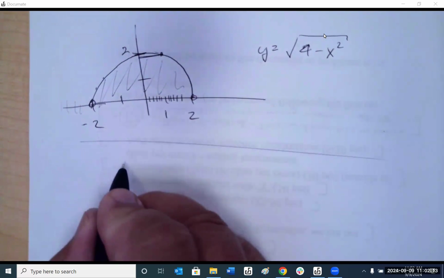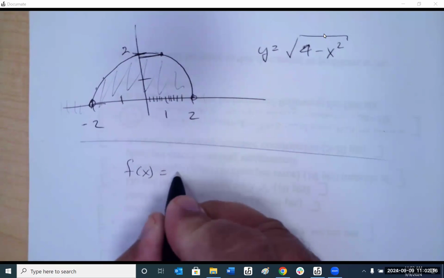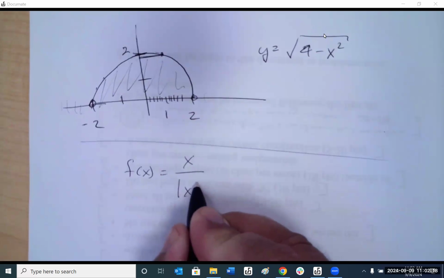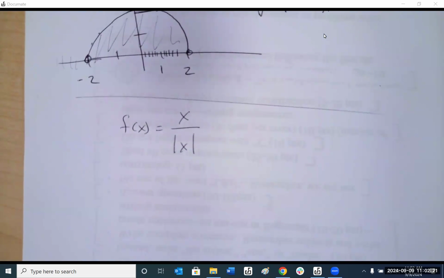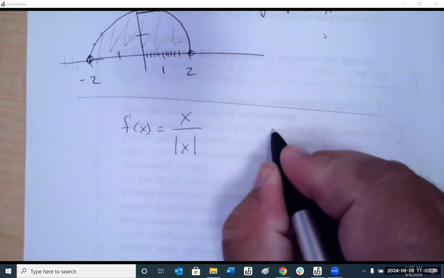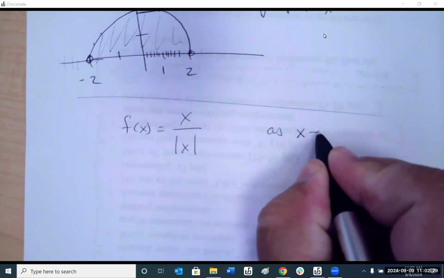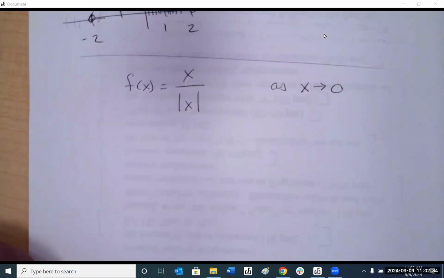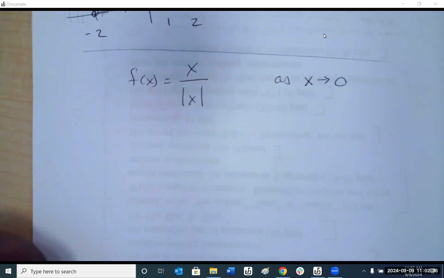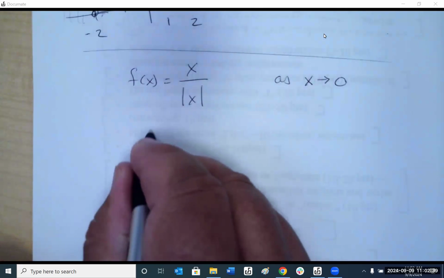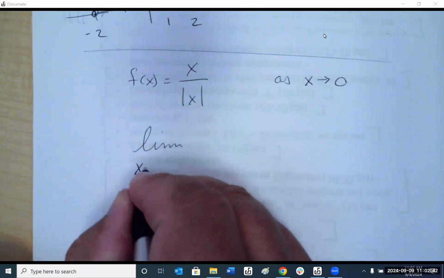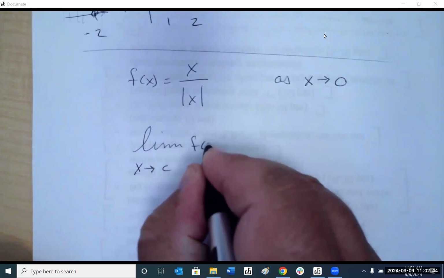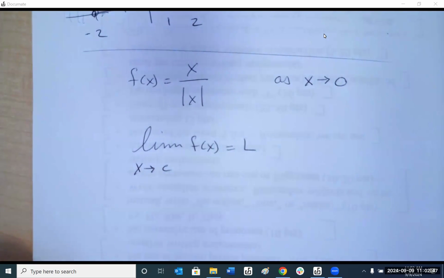Another example. Let's say our function is x over absolute value of x, as x approaches 0. Does the limit exist? Remember, our limit as x approaches c of f of x equals some value L. This is the y value that's approaching.